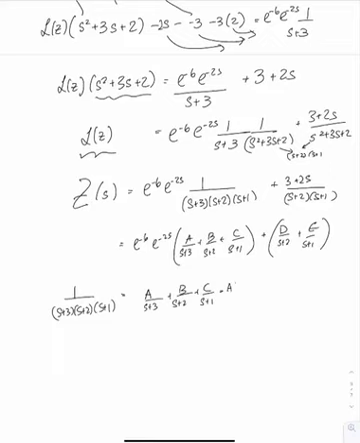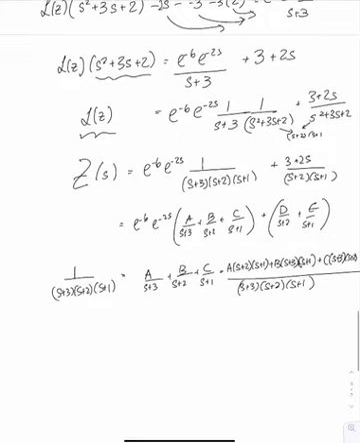Taking a common denominator, you have a times s plus 2 times s plus 1 plus b times s plus 3 times s plus 1 plus c times s plus 3 times s plus 2, all over s plus 3, s plus 2 times s plus 1. Equating the numerators, you get 1 equals a times s plus 2 times s plus 1, and so on. Denominators are equal. These two rational functions are equal. That means the numerators are equal. That's really what we're doing.